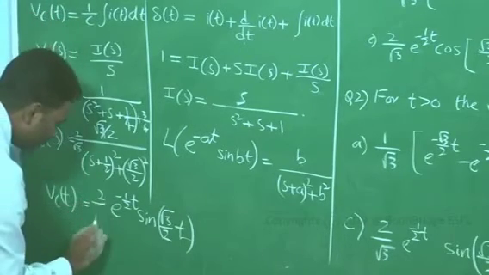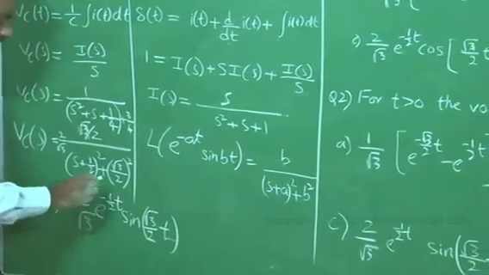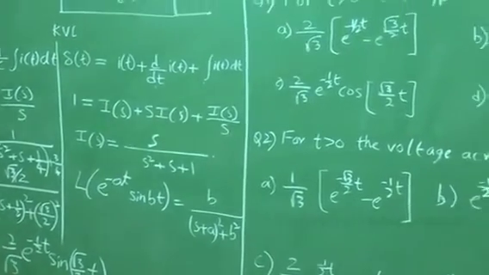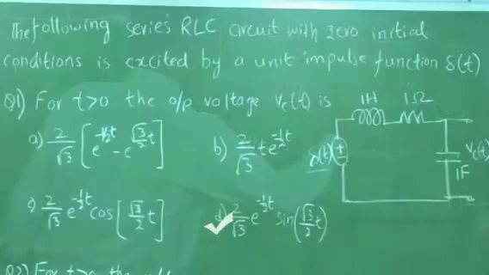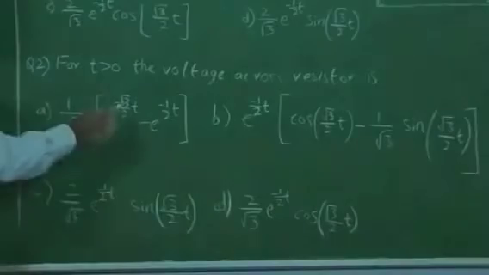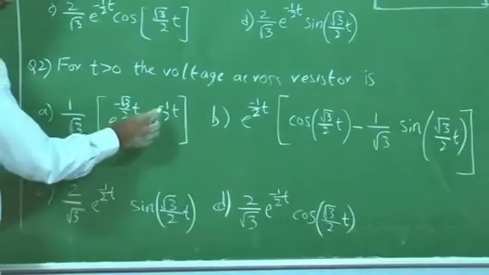The output is 2/√3 e^(-t/2) sin(√3/2 t). From the given options, the right answer is option D.